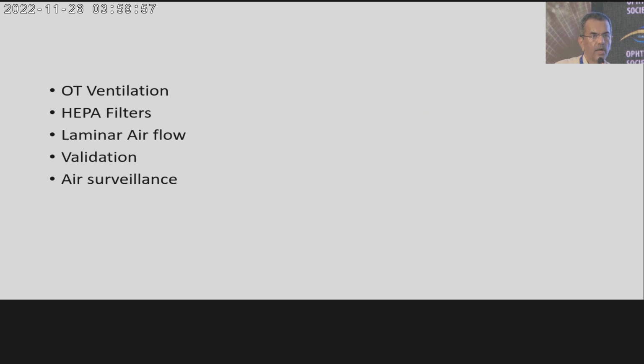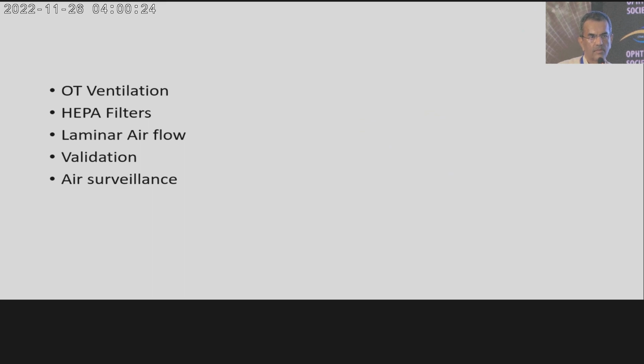How frequently do you have to check your filters and validate them? Actually, preventive maintenance is recommended every month, that is every 30 days you can check the filters, but validation is done every 6 months according to the ISO standards, and you have to check all the parameters like the air particulate count and the air circulation changes, because NABH has set certain guidelines for maintaining the OT ventilation.